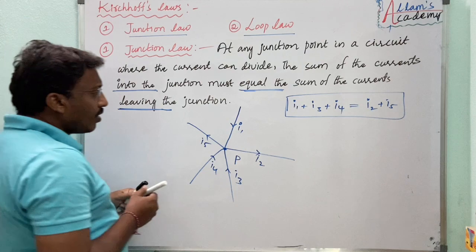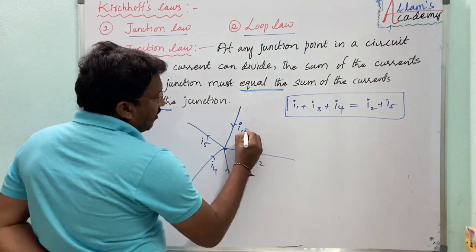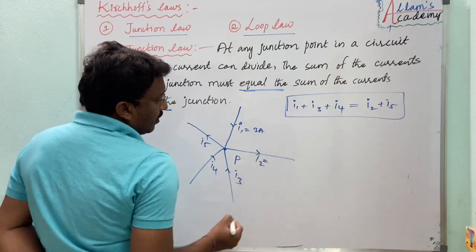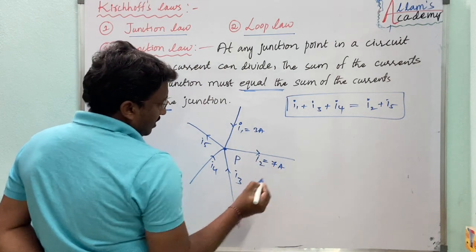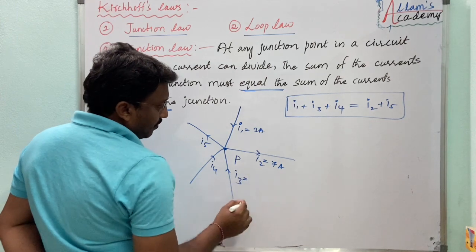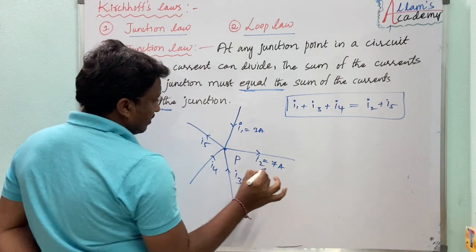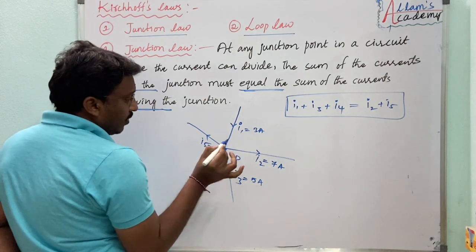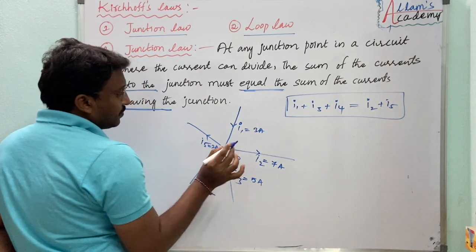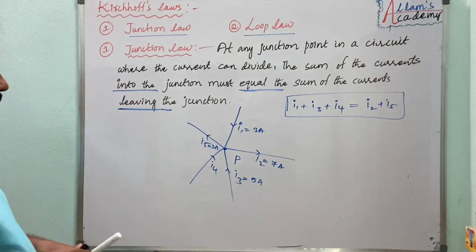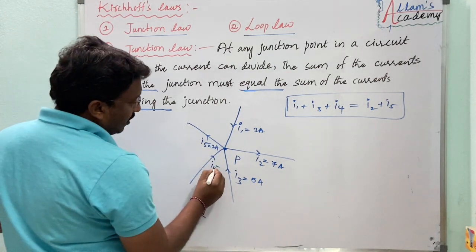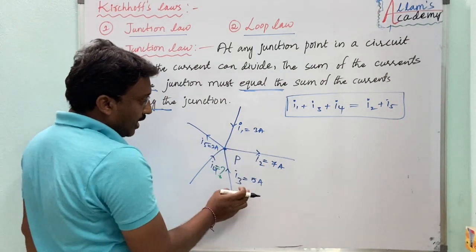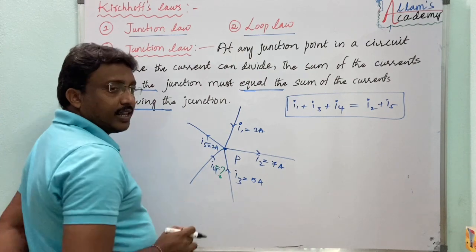For example, I1 equal to 3 amps, I2 equal to 7 amps, I3 equal to 5 amps. We don't know I4, and I5 equal to 2 amps. What do we have to find? I1, I2, I3, I5 are given, we have to find I4.